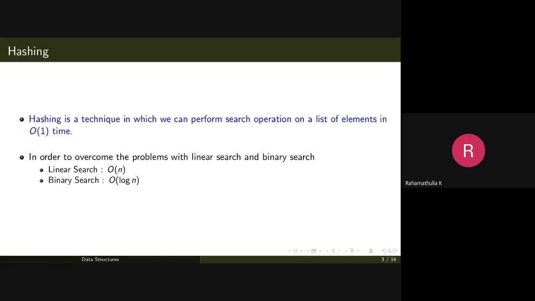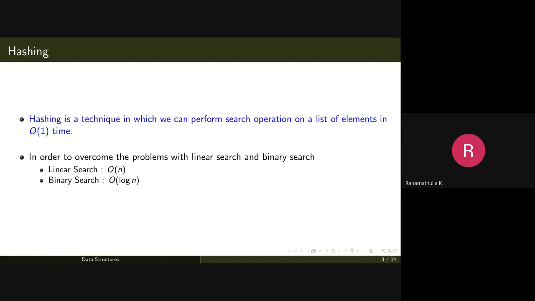We have already seen two other search techniques over a list of elements or over an array. They are linear search and binary search, and we know that linear search is one of the slowest search mechanisms in which the time complexity of the search operation is order of n.